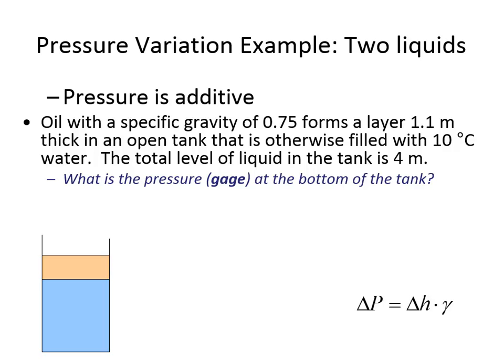All right, so in this case, the oil will be 7357.5 newtons per meter cubed. That's the unit weight of the oil. Everybody comfortable with that or have a question about what to make of specific gravity? Just as a preliminary step.